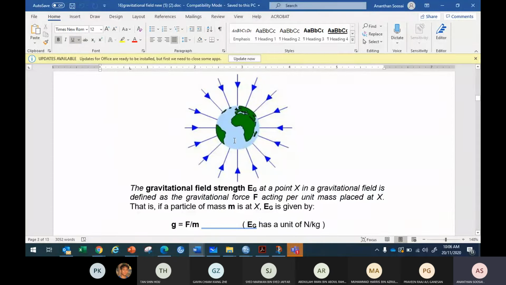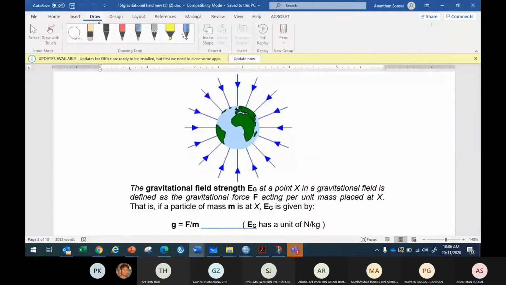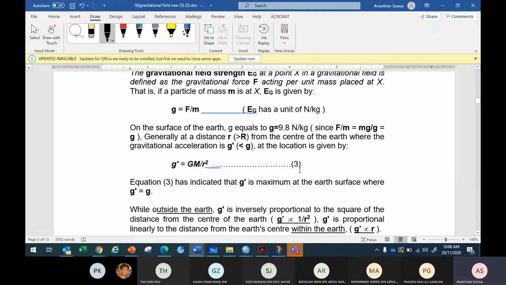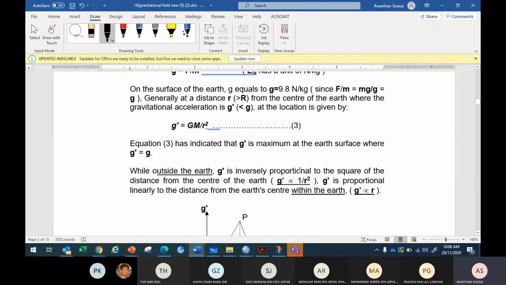If the mass is more and the radius smaller, the field gets stronger. According to which formula? g equals GM over r squared. Whether the mass gets bigger or the radius gets smaller, the field lines get closer, so more lines are drawn. So this is the description.